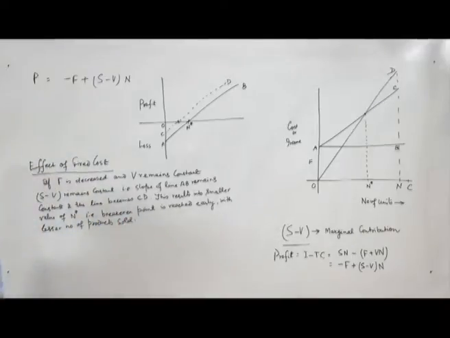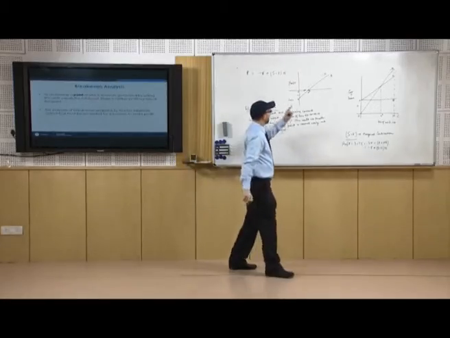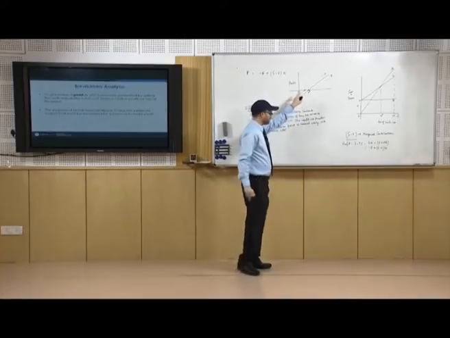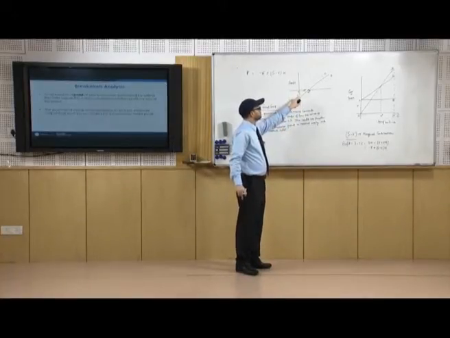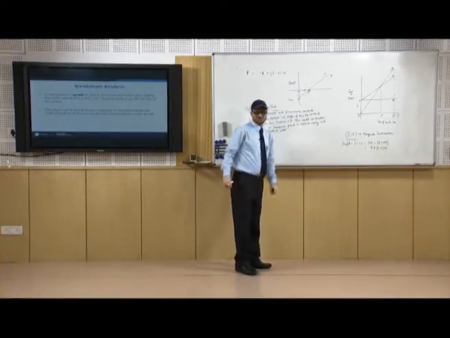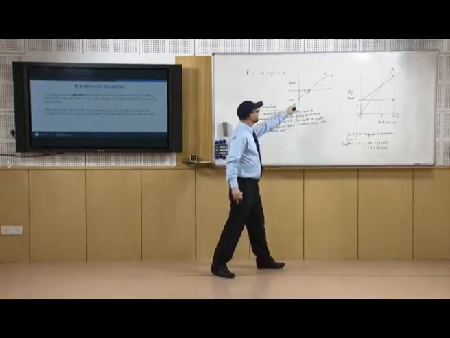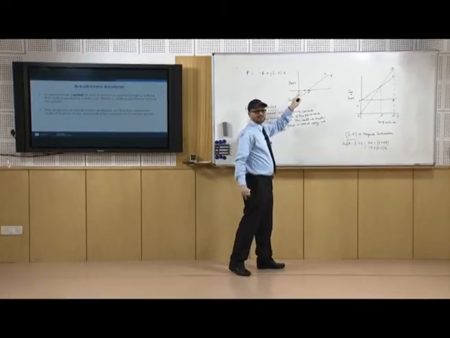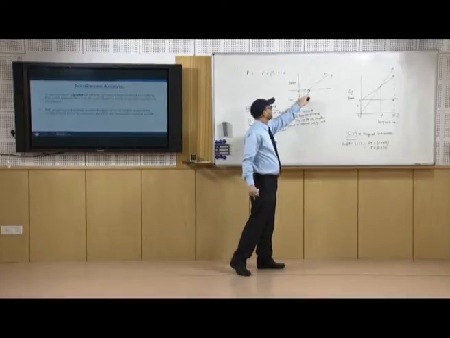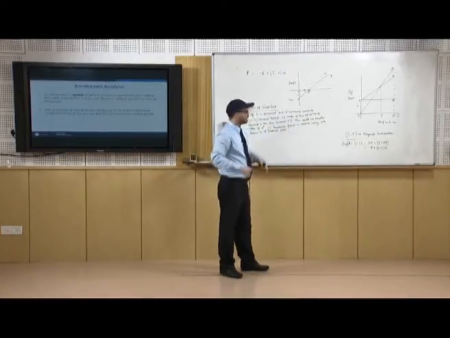So, what we see is that once we decrease the value of fixed cost, that is F, in that case n star is coming early.